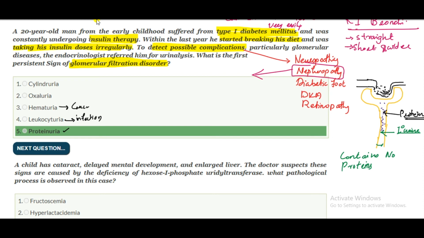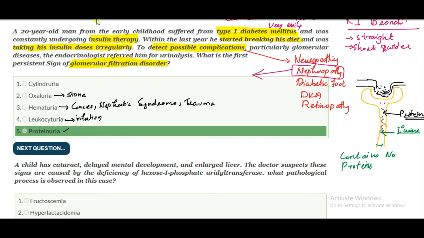Okay, leukocyturia, which means a high amount of leukocytes in the urine, can be seen in infection, and hematuria can be seen in cancer, nephritic syndrome, and also in trauma.